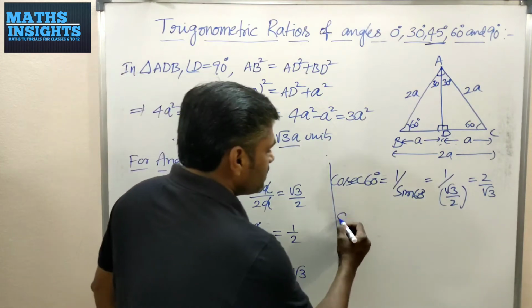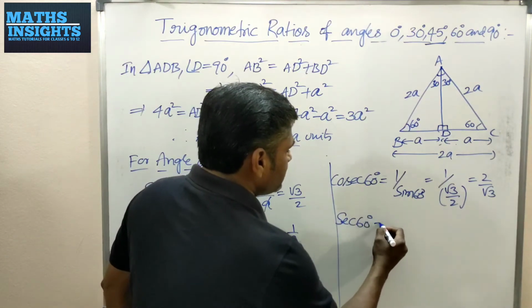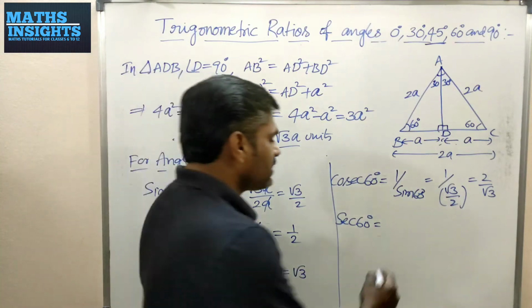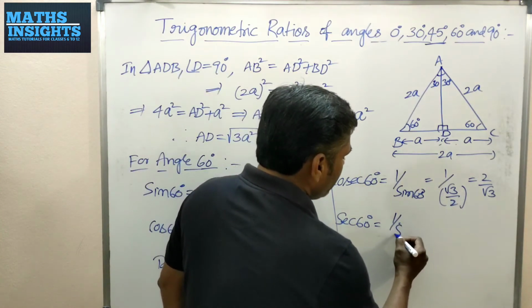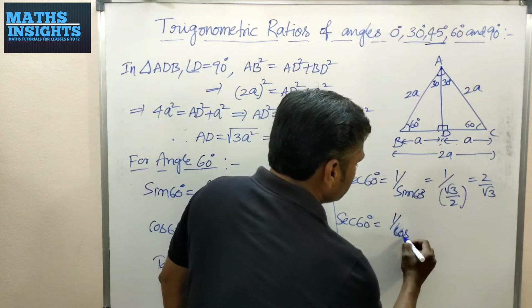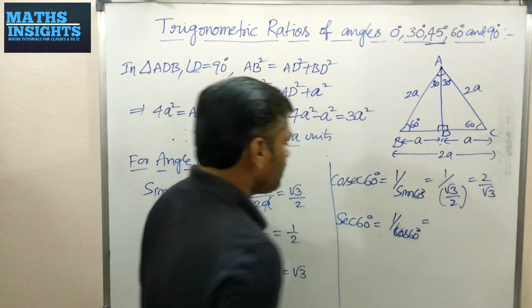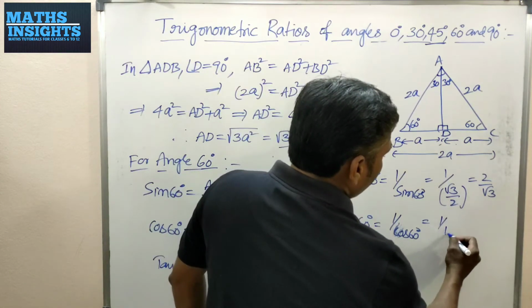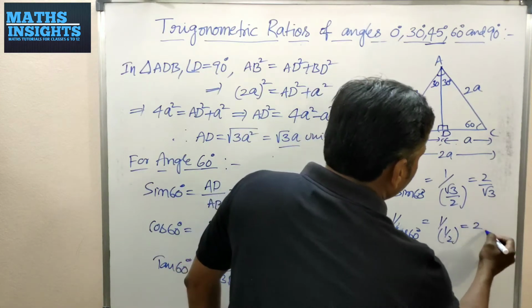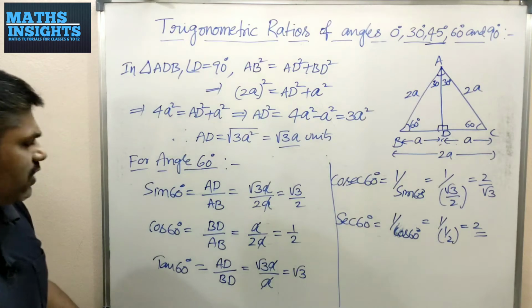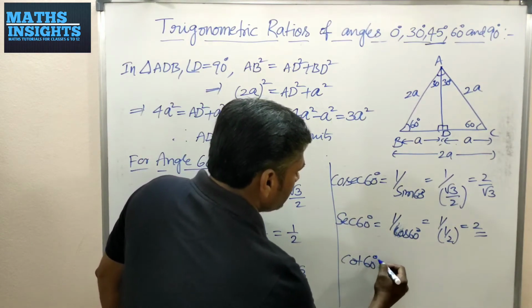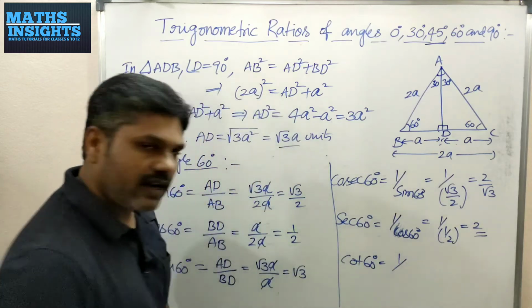Next one is secant 60, which is reciprocal of cos 60. Therefore, you may calculate secant 60 by 1 by cos 60. Cos 60 value is 1 by 2. Therefore, 1 by 1 by 2 will become 2. Final one is cotangent, that is cot 60, which is reciprocal of tan.